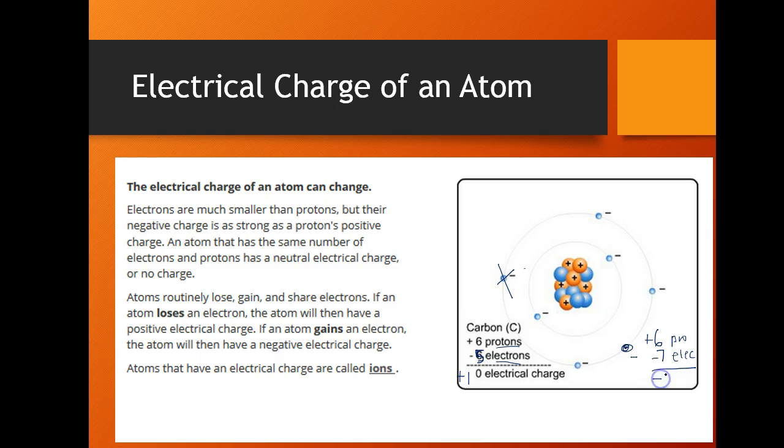So the overall charge would then be -1. So in this case, whether you gain or you lose an electron, you see that there's going to be an overall electrical charge. It's not going to be just neutral. When that happens, we actually call them ions. Okay, so when an atom has an electrical charge, we now give it a new name called an ion.